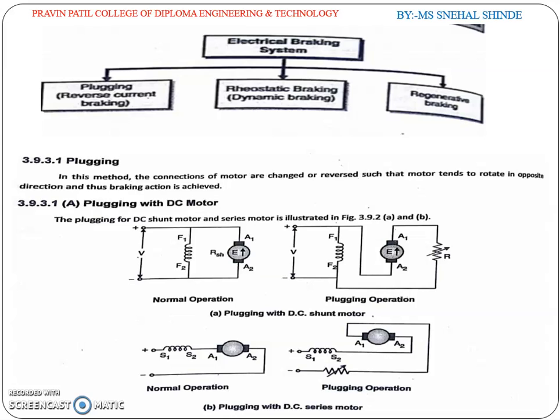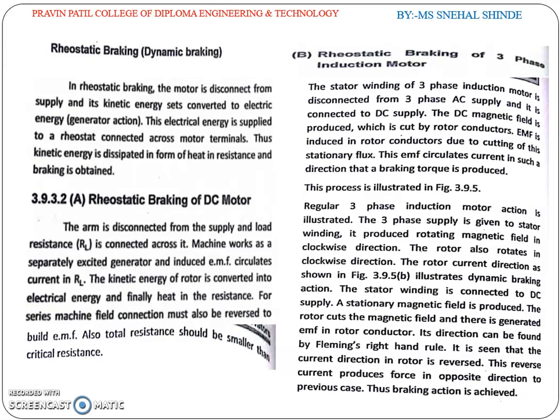This is plugging with the DC shunt motor. For plugging with the DC series motor, the field winding and the armature winding are connected in series with each other, and a variable resistor is inserted in series.